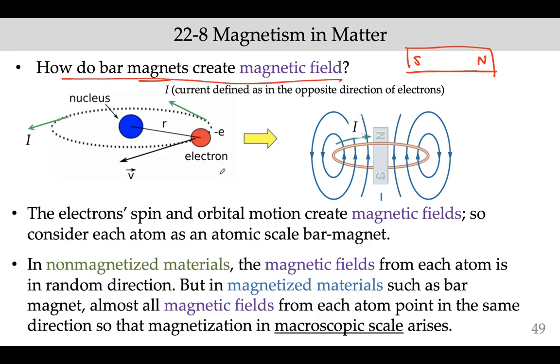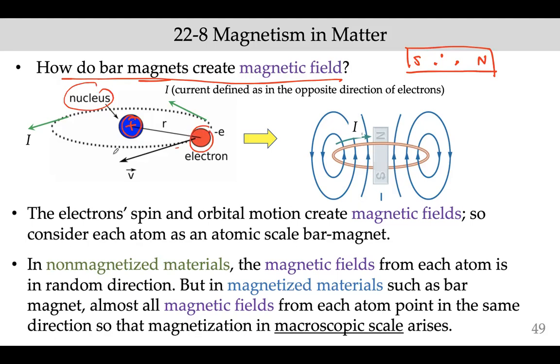In each atom within the material, within the magnet, or any material, doesn't have to be a magnet, there's a nucleus that's positively charged. There are protons and neutrons in the nucleus, and there's the electron outside. Of course, this is a classical picture, but it explains the magnetism to a certain degree.